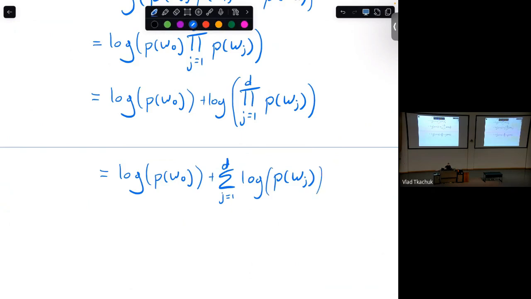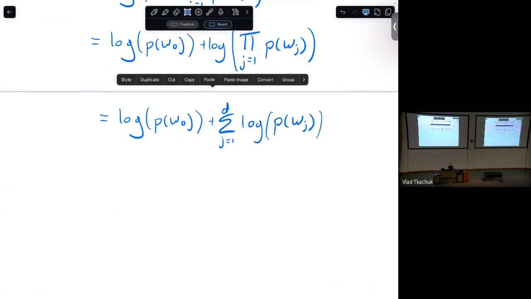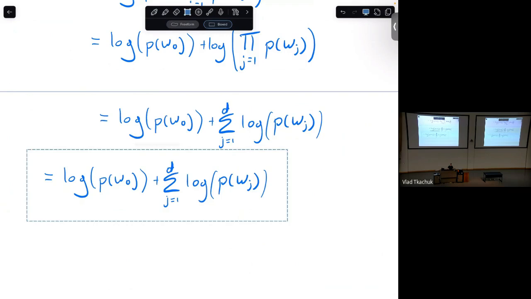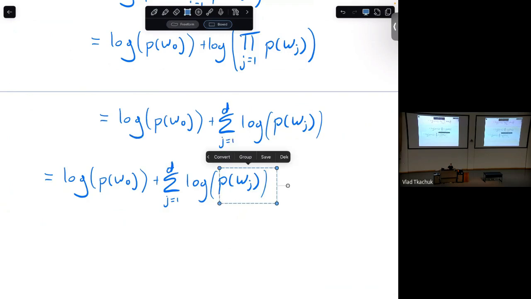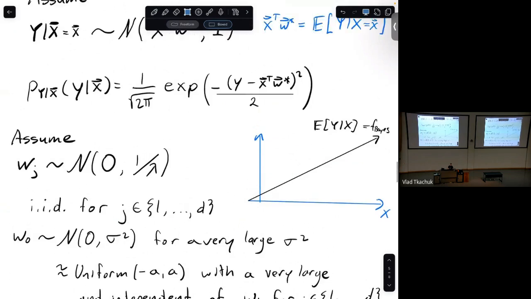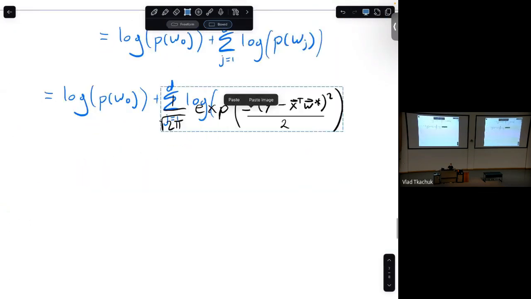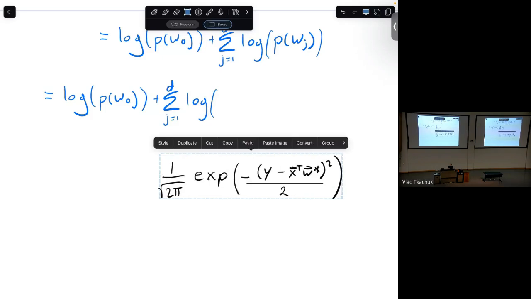And then we can finally plug in what this is. We know Wj is normally distributed like this. So just to save some time, I'm going to take this thing and change some terms in it to match. It's going to look of this form.